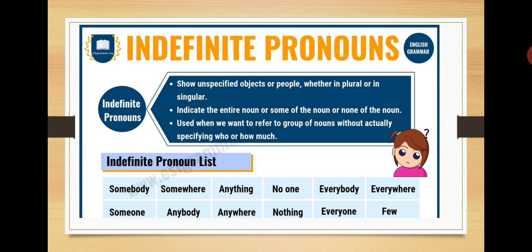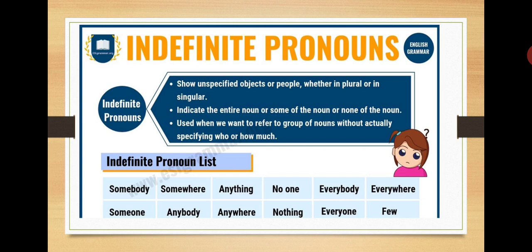They are also called quantifiers because they denote quantity or amount. That means, as you can see in this slide, they show unspecified objects or people, whether plural or singular. They indicate the entire noun, some of the noun, or none of the noun. They are used when we want to refer to a group of persons without actually specifying who or how much.